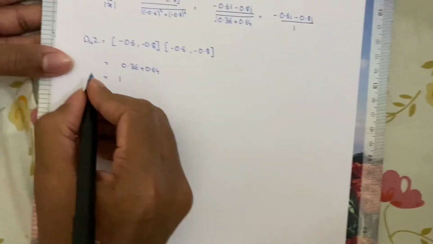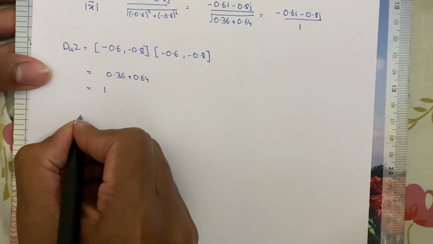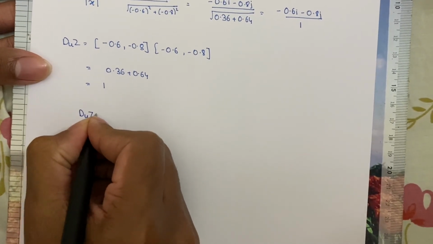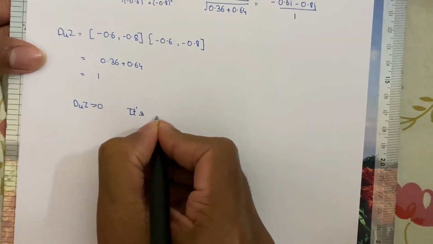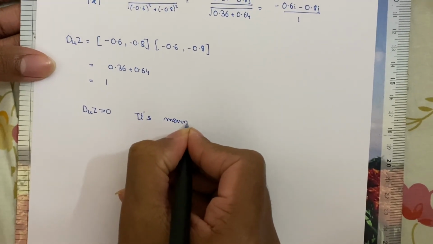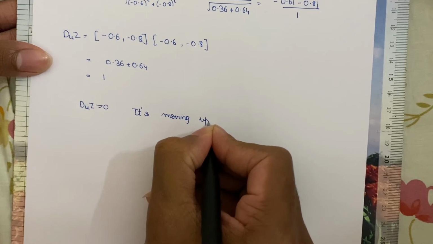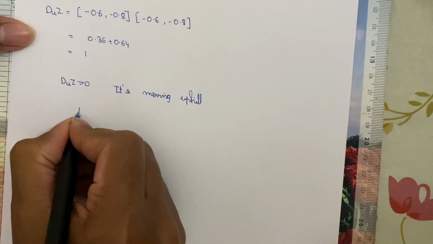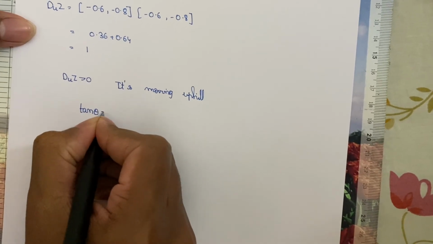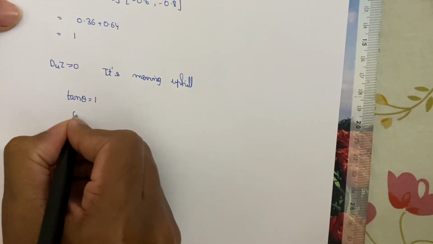Now since the directional gradient of z is greater than 0, it's moving uphill. So tan theta is equal to 1. If tan theta is equal to 1, theta is equal to 45 degrees.